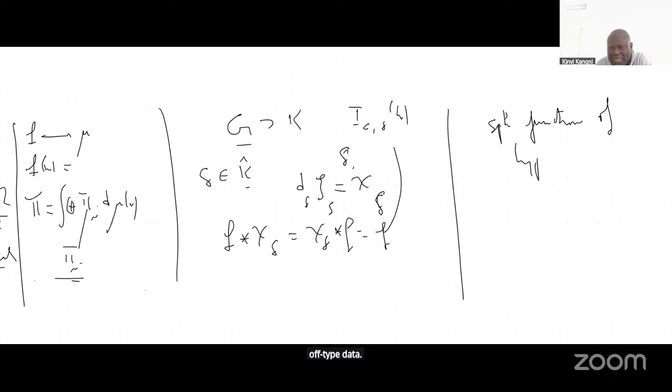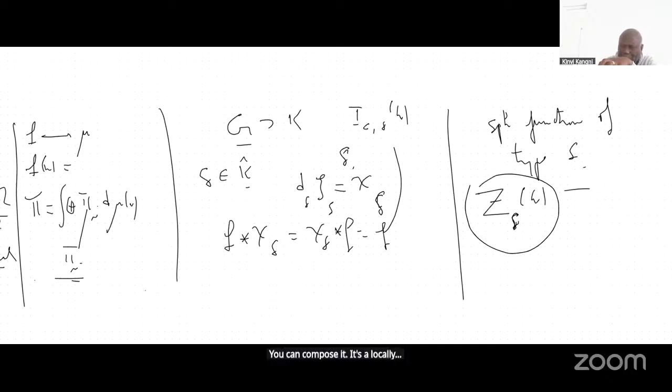The space of this kind of spherical function is denoted by the set of spherical functions of type delta on G, where G is a locally compact group and delta is an element of the unitary dual of K. This one is a locally compact space.